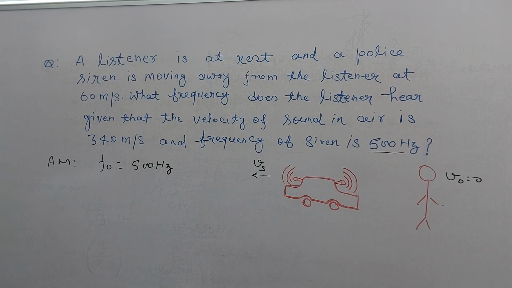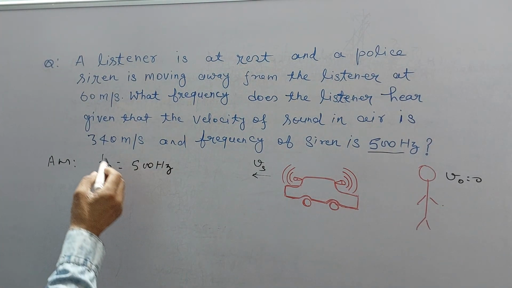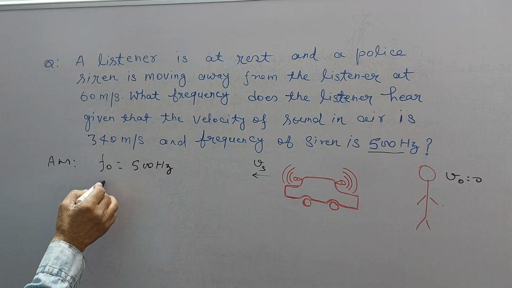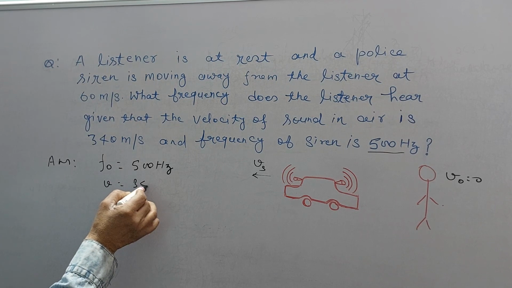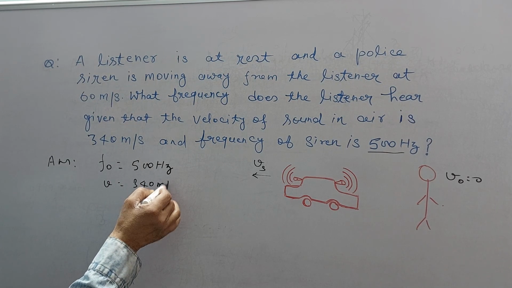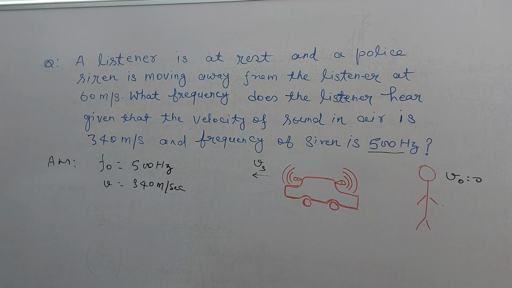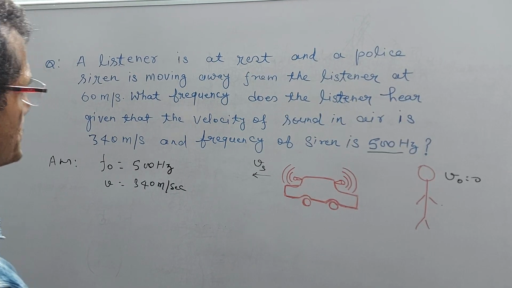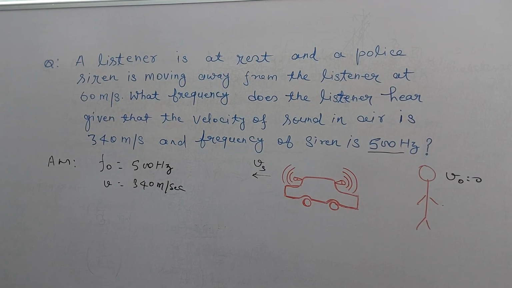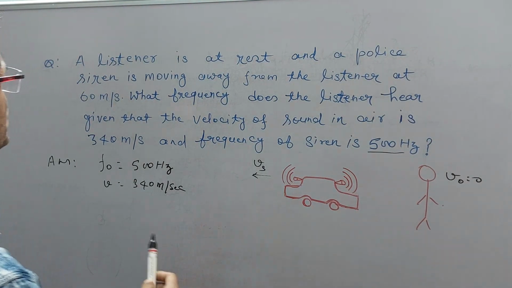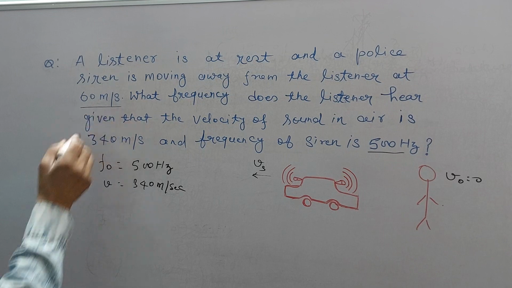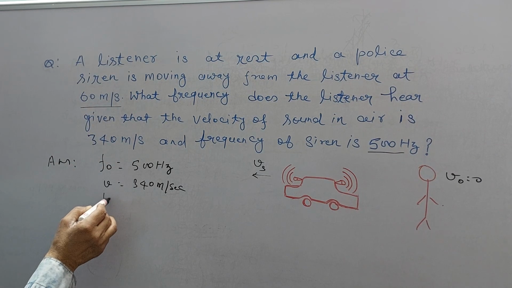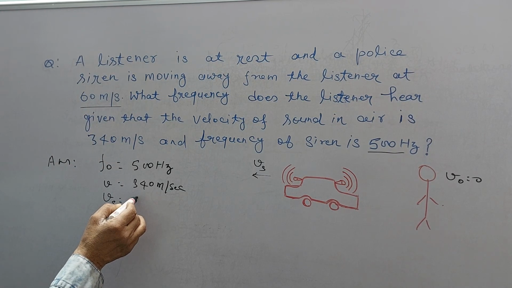The velocity of sound in air is 340 meter per second. And the velocity of the source, which is moving away from the observer, is 60 meter per second.